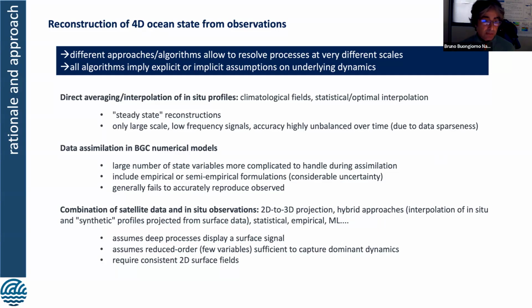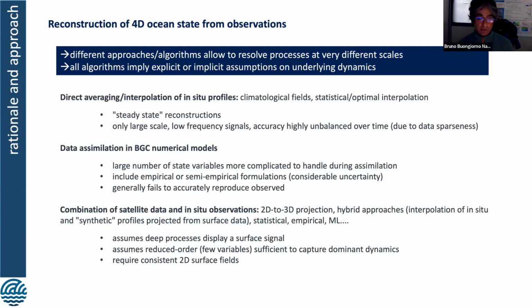were launched over time. There's also the possibility to include observations through data assimilation in numerical models, which is quite a stronger approach with respect to simple numerical modeling. But of course, here too you can have advantages and disadvantages. One of the disadvantages when thinking about biogeochemical variables is that there are a lot of state variables, and too many variables are more complicated to handle during assimilation.